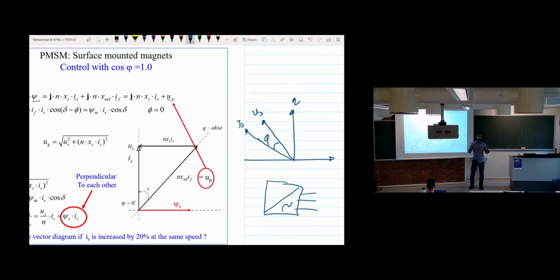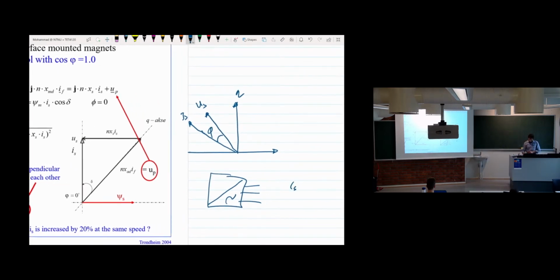If power factor 1, this means we have the minimum losses in the system. This means we are sending minimum current. The losses in the system, which is I square RS. So when it's power factor 1, then we are providing minimum current to produce the torque that we want from the machine. That gives us the minimum loss.